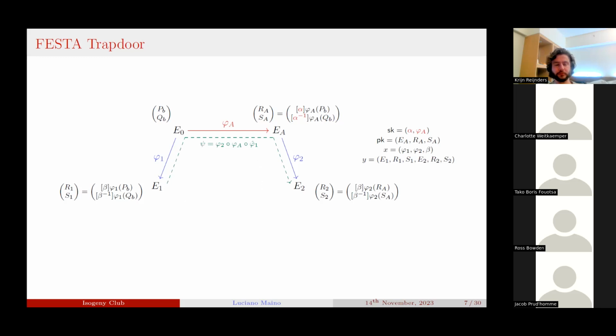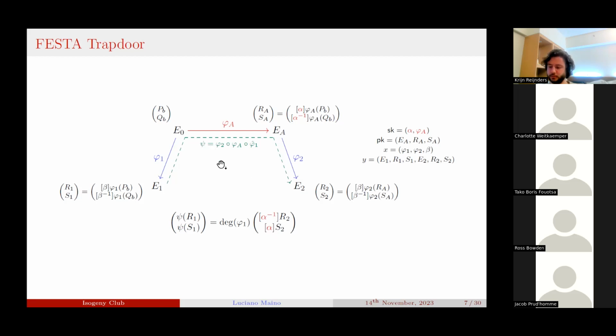The property we are interested in is the following one. We know that if we evaluate psi at R1 and S1, we have the following equation: psi(R1), psi(S1) is equal to R2 scaled by the inverse of alpha, and S2 scaled by alpha, and everything scaled by the degree of phi_1. This means that if you have access to your secret key, and especially to the scalar alpha, you can evaluate the isogeny psi at a certain torsion, and using the SIDH attacks, you can recover the isogeny psi.